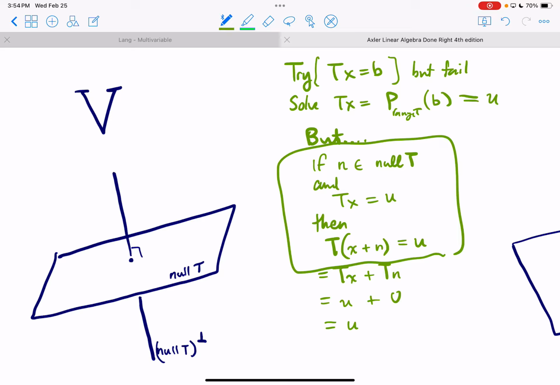Imagine we're trying to solve Tx equals b, so then we orthogonally project and we solve Tx equals u. And somebody hands us the answer, and the first coordinate is 1,000,005. The second coordinate is 17 billion. The third coordinate is 18.2. We're like, oh, that's not too bad. The fourth coordinate is 54 billion. Okay, so that's a solution, but we might complain.